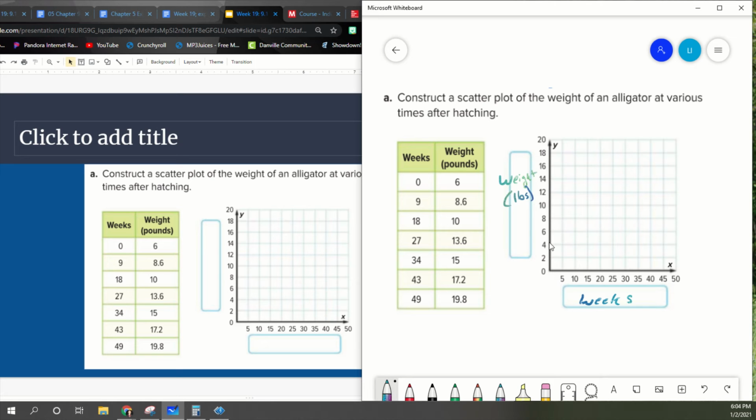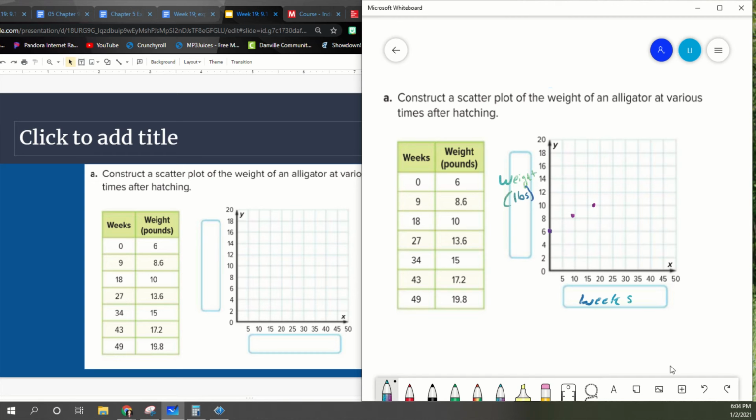At 0 weeks, we're at 6 pounds. At 9 weeks, so a little bit less than 10, we're at 8.6 pounds. Again, this just needs to be relatively close to where the point would be. I'm not looking for exact. Now, if the weight is 10, then you should be on that 10 line. But 18 is in between 15 and 20, so I know it'll be about right there.